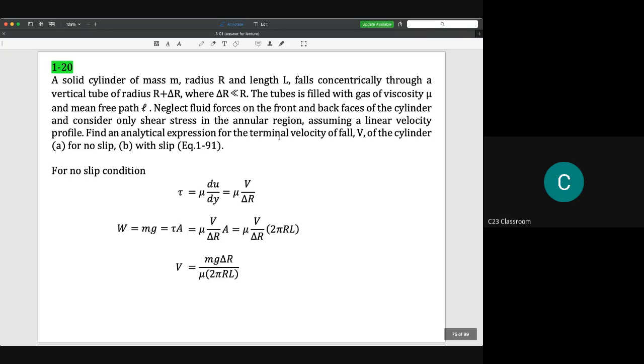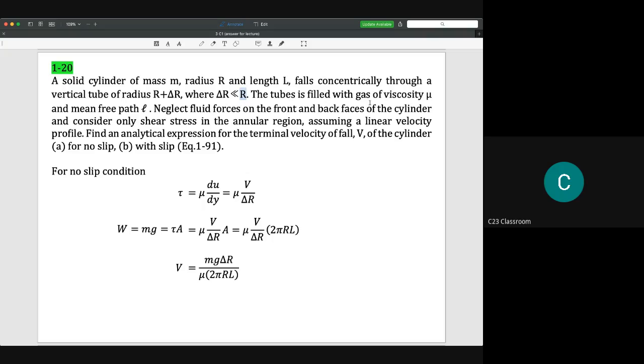Okay, so this is again about the no slip condition and with slip condition. Let's say we have a solid cylinder of mass, its radius is r and the length is l, falling concentrically through a vertical tube of radius r plus delta r, where delta r is very very small compared to the value of the radius.